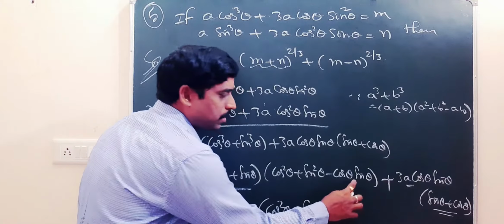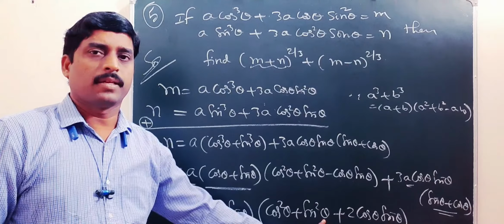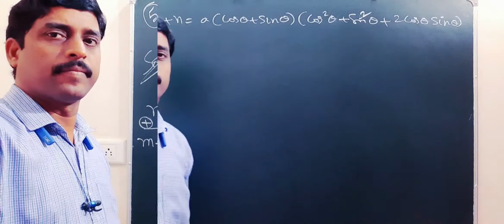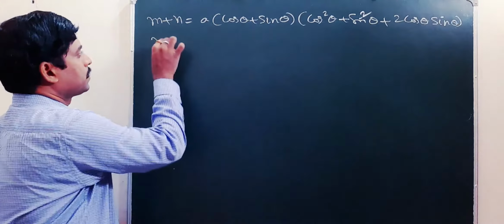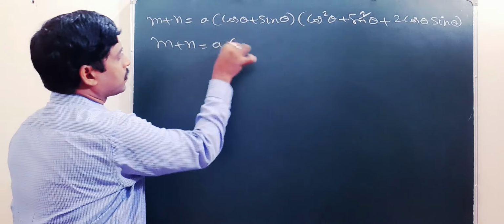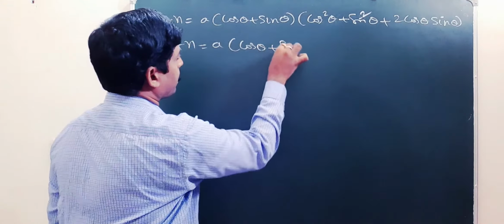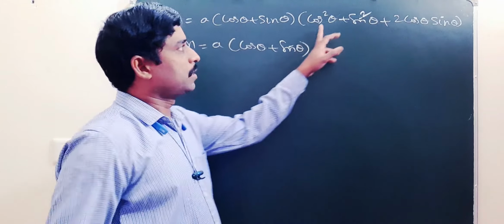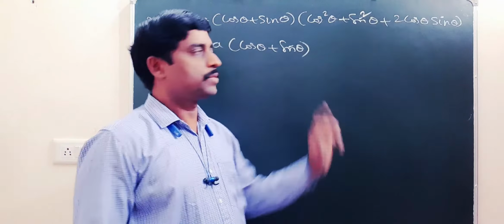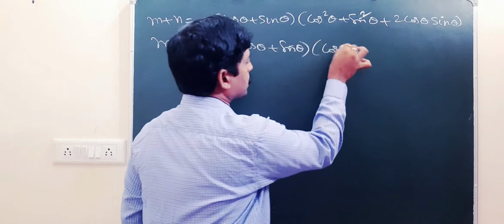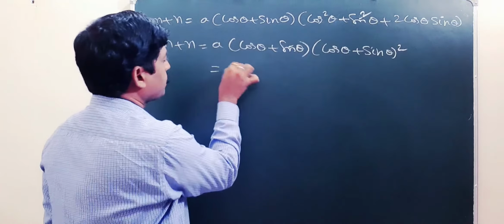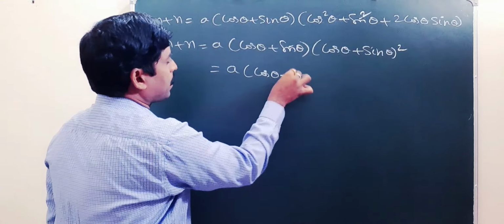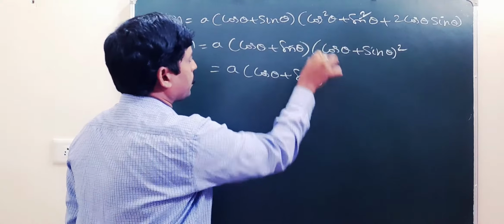So cos square theta plus sin square theta plus 2 cos theta sin theta will be (cos theta plus sin theta) whole square. Okay, we have got this value. So m plus n is equal to a times (cos theta plus sin theta) into this, which is in the form of a square plus b square plus 2ab, (a plus b) whole square, (cos theta plus sin theta) whole square. It will be a times (cos theta plus sin theta) whole cube.